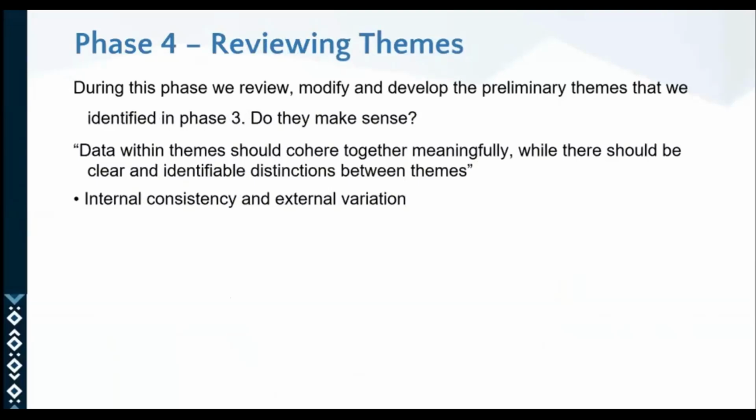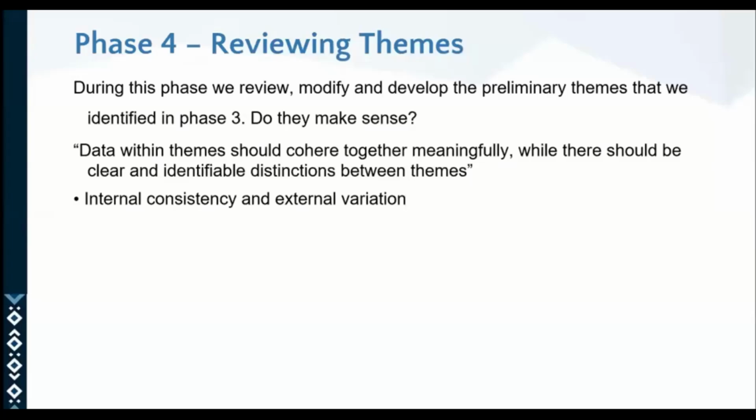So in this phase, we want to go through all the themes that you have generated and make sure that they really make sense with what is in the data, so you don't have a theme coming from where it's not in the data. So we have to modify and develop the preliminary themes that we identified in phase 3.